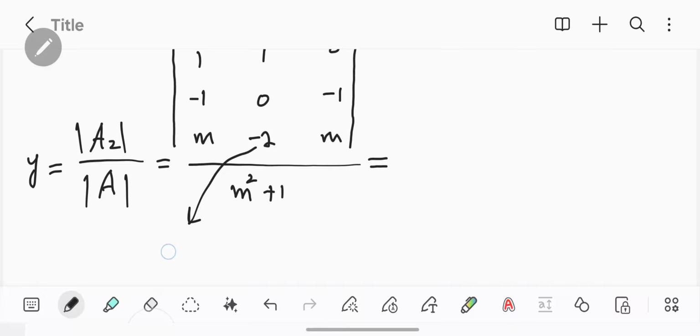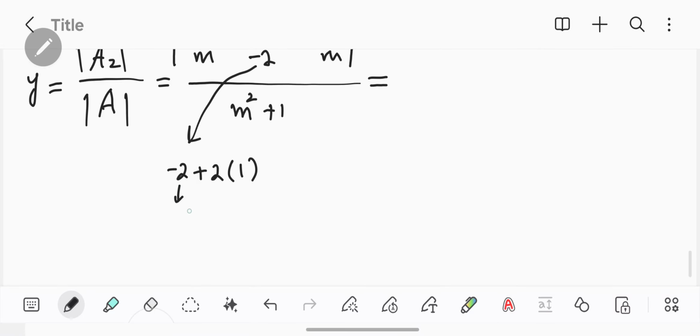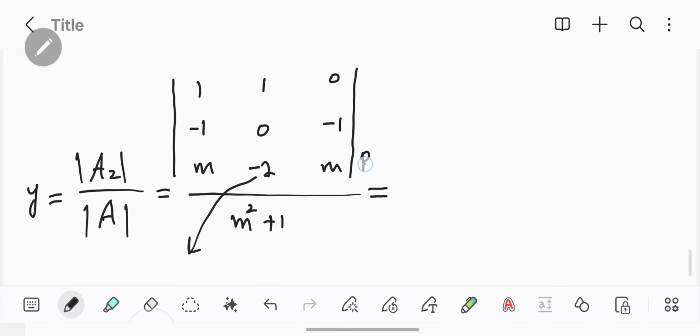Again, this is minus 2 plus some number times the pivot entry 1. So here the scalar is obviously 2. So this means it is R3 plus 2 times R1. So this is the operation which I'll perform, R3 plus 2R1.